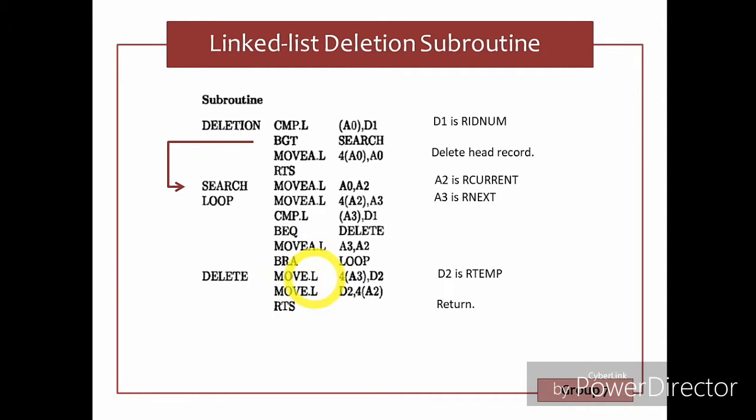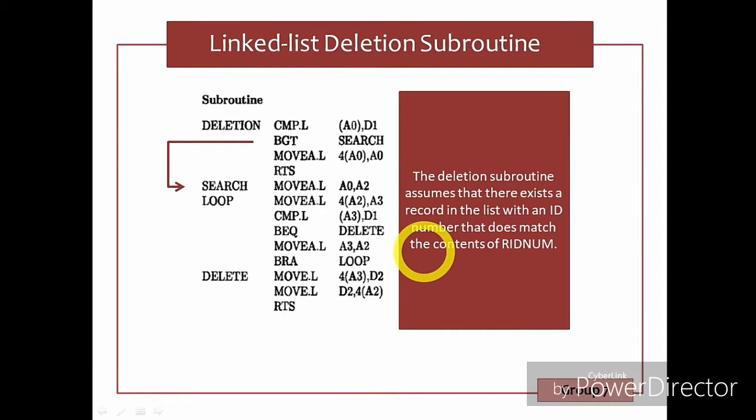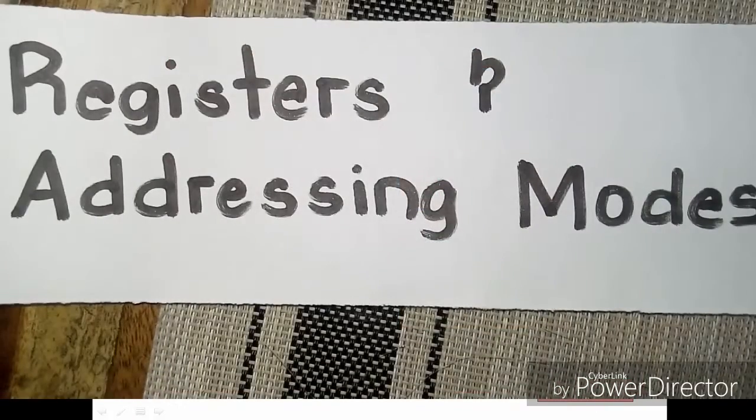So we'll move long word A3 plus 4 into D2. D2 is our R. So move long word R to R prime plus 4. Then here, we return from subroutine. So the deletion subroutine assumes that there exists a record in the list with an ID number that matches the contents of our ID.